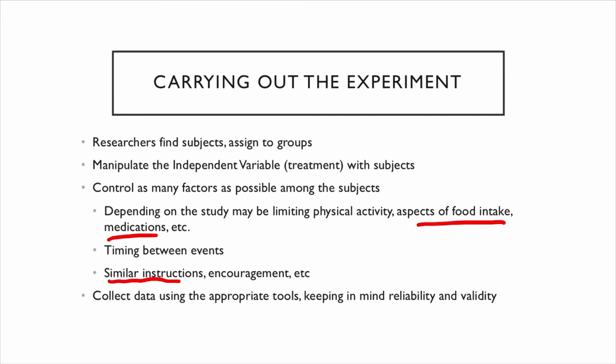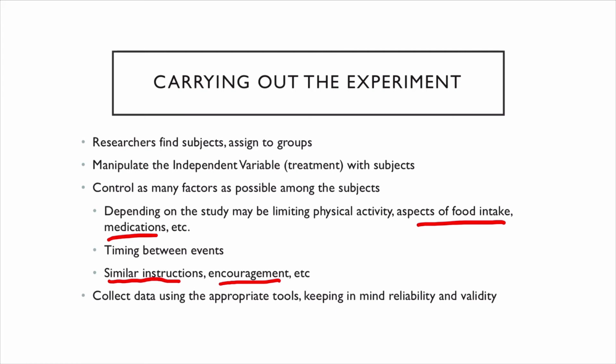Another example that is seen in the literature is the effect of encouragement. If one person's doing a test and I'm encouraging them, yelling at them to go faster, push harder, whatever it may be, and another one I just let them do it on their own, the effect of my encouragement can be significant. So we have to make sure we treat each subject the same in how they're tested, how the treatments are conducted, and so on.